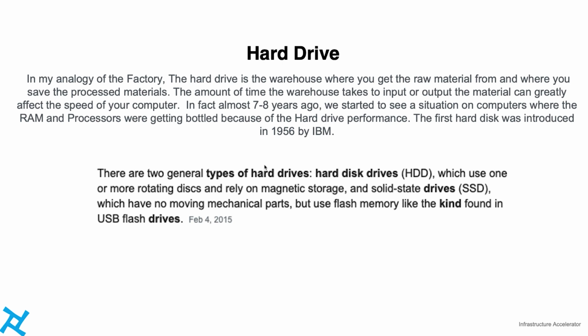Okay, so just to explain a bit more about this, we are saying that the hard drive is the warehouse where you keep all your raw material, and where you also store your processed material, or your output. Now, just imagine that you are a factory worker, which is your processor, if I may say, and you are standing at your table, which is your RAM, where you have to work, and the amount of time it's going to take to get the raw material from the warehouse, which is the hard drive, to your table, that's going to degrade your performance.